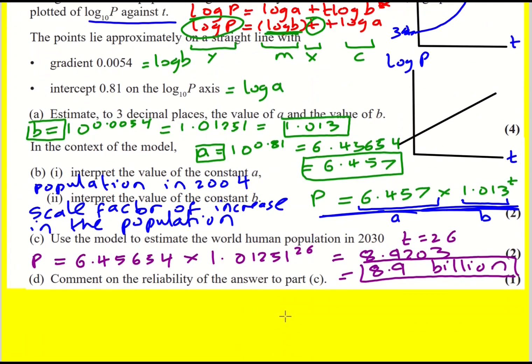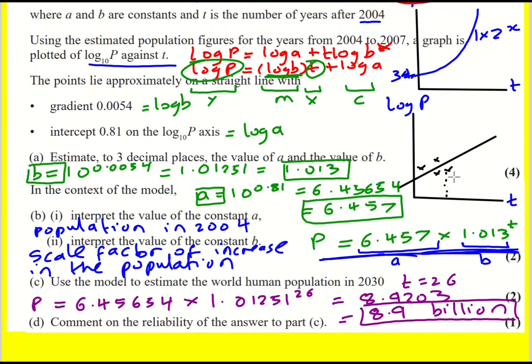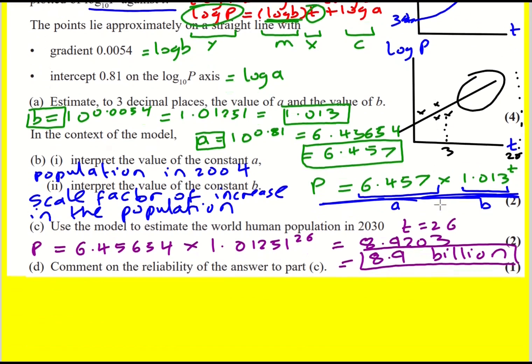And then comment on the reliability. Well, it's not very reliable because we had this straight line with presumably some data values up to what year was it? Like the third year, and we're trying to make a prediction well beyond, at 26. We cannot assume that the trend is going to carry on as a straight line, and hence that the graph will carry on as an exponential.